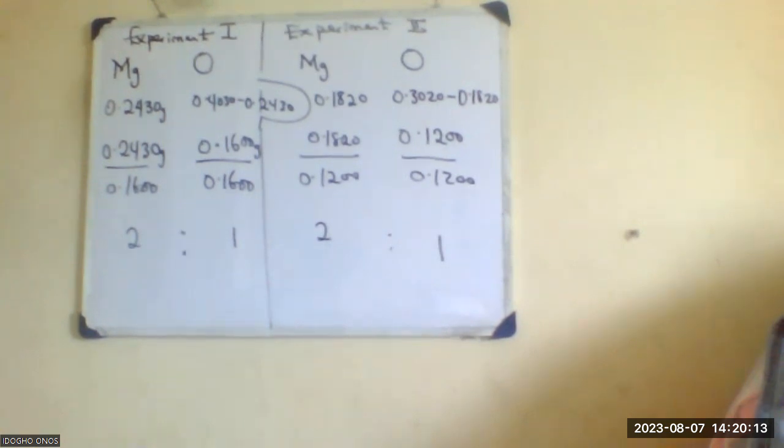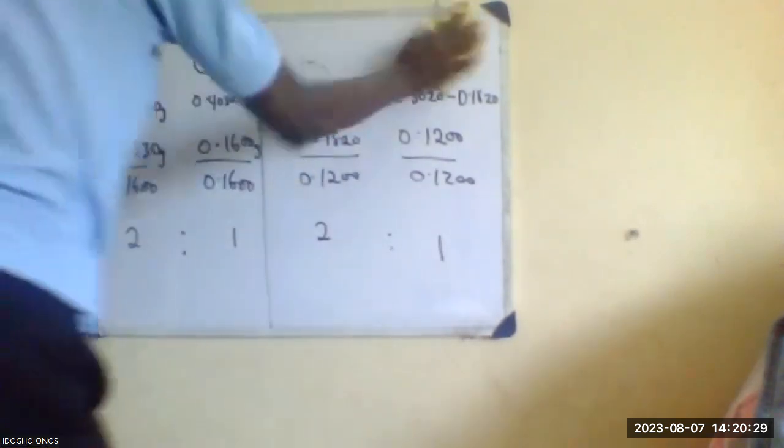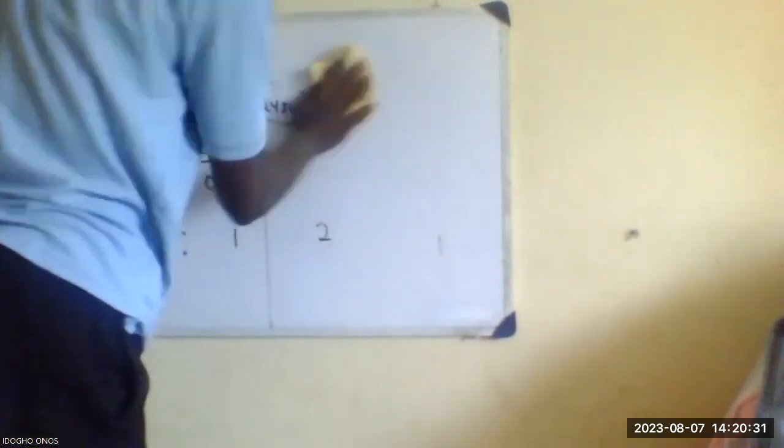I want to know, when we're writing the formula, when are we to use ATE, OUS, ITE or IDE?